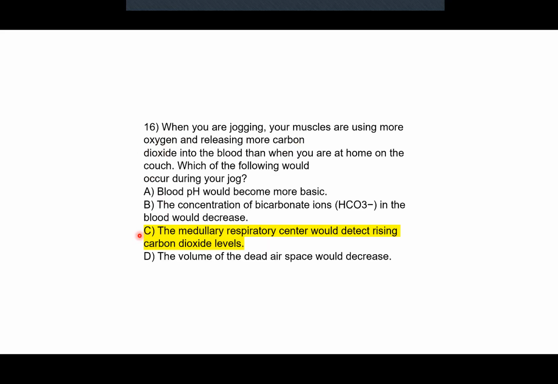So this causes you to breathe at a faster rate to get out that waste product faster, and as a result, you're taking in more oxygen, so your cells can do more cellular respiration and produce more energy for your muscles to do what they need to do.